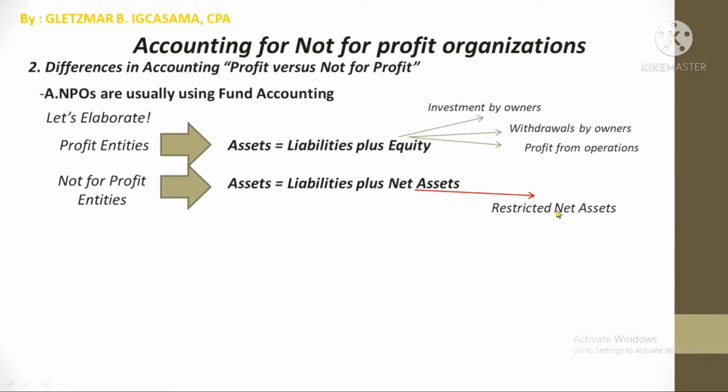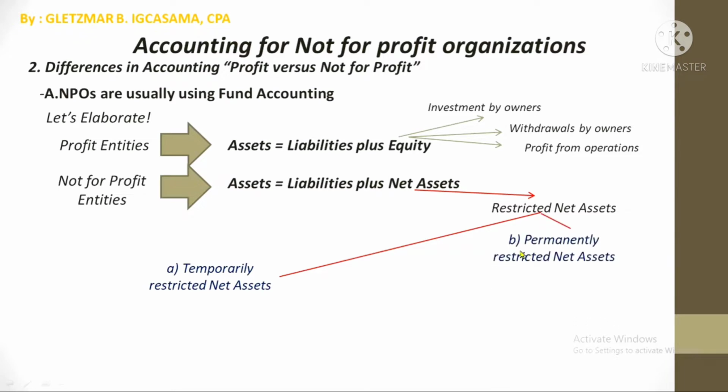So basically, the net assets restricted is composed mainly of temporarily restricted net assets and permanently restricted net assets. Temporarily restricted net assets are those funds that cannot be used freely by the NPO yet. But if the restriction expires, it will become unrestricted and free to use by the NPO. While permanently restricted net assets cannot be used by the NPO.